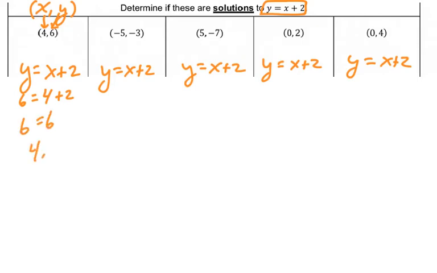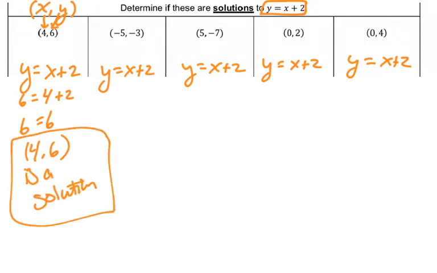So we would say that 4, 6 is a solution, aka 4, 6 makes it true. Now substituting the next one, negative 5 goes in for x, negative 3 goes in for y, and I simplify it down. I get negative 3 is equal to negative 3. So we would say that the combination negative 5, negative 3 is a solution as well.